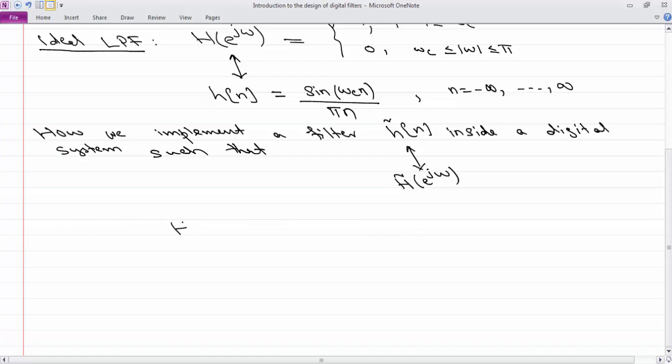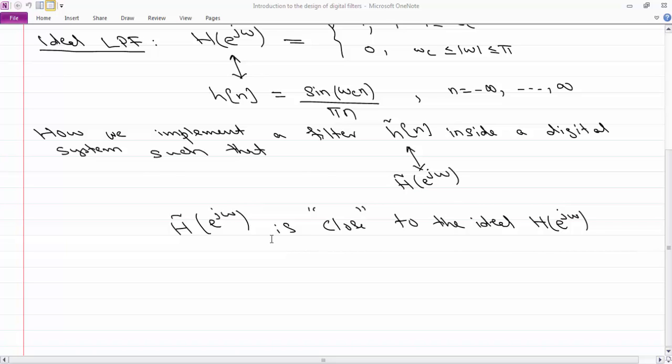So such that H tilde of e to the j omega is close to the ideal H of e to the j omega filter. So that is what we are going to study. How do we start with a design specification and convert it into something that can be really implemented? Okay.